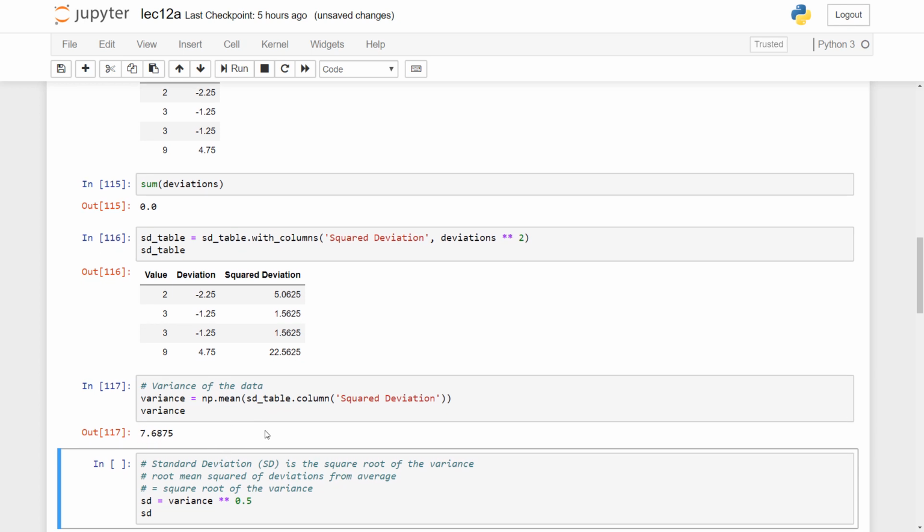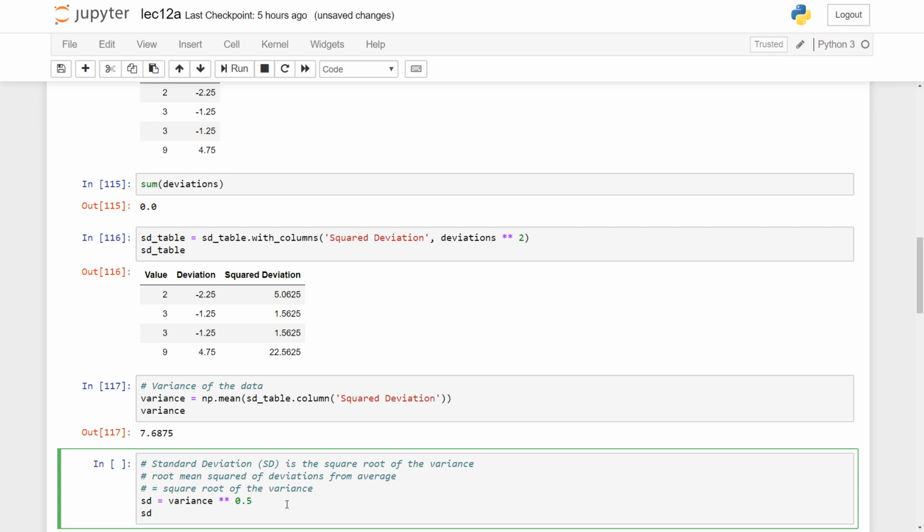Since the unit here is squared, we need to get it back to the same unit as the values of the array. So we will take the square root. Taking the square root of the variance gives us what we know as the standard deviation, or SD.